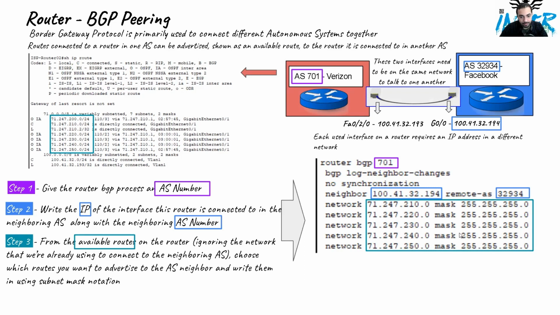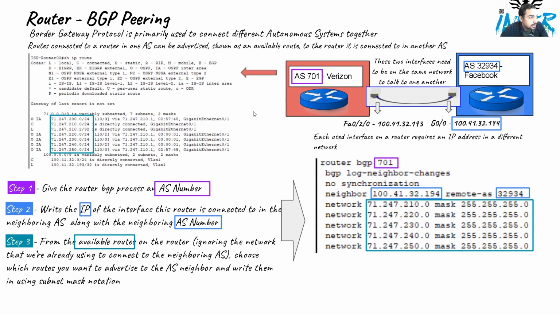So as we add them, we are going to put the network IP, right? And the subnet mask. So for example, 71.247.210.0/24 is directly connected to us.